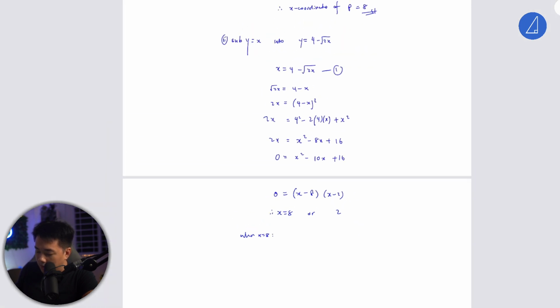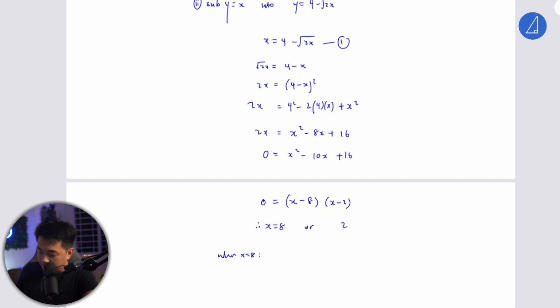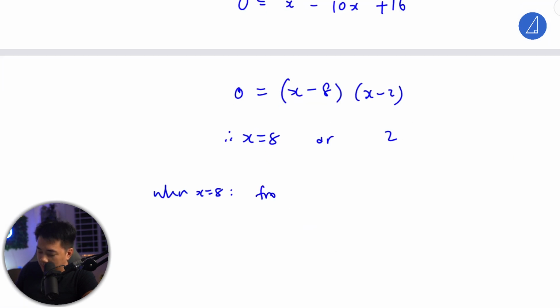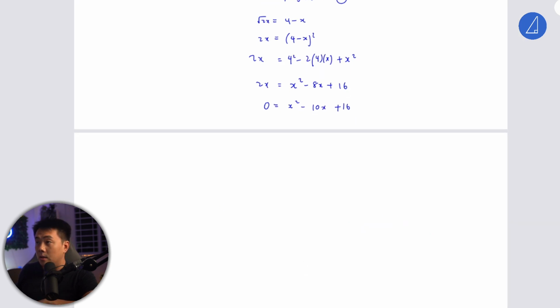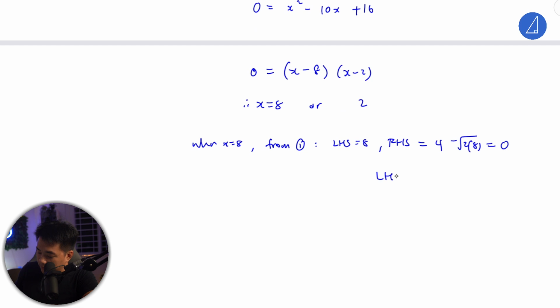So sub in x equals 8. Into equation 1, left hand side will just be 8. Right hand side will be 4 minus root 2 times 8, which is 4 minus root 16, so 4 minus 4, which is 0. So left hand side is not equal to right hand side.